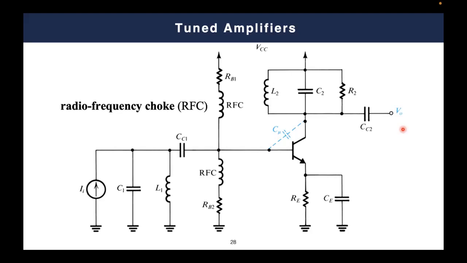Whenever I do a DC analysis, I will simply consider CC1 and CC2 as an open circuit. This basically means that I divide the circuit into 3 parts, and each of these 3 parts is totally independent from the other parts from a DC analysis perspective.